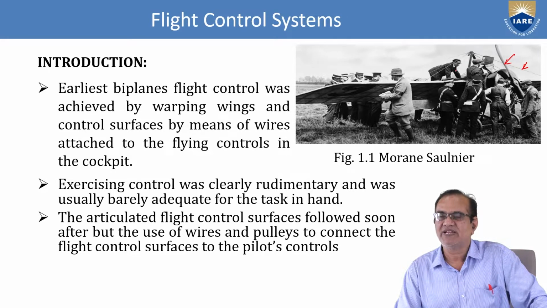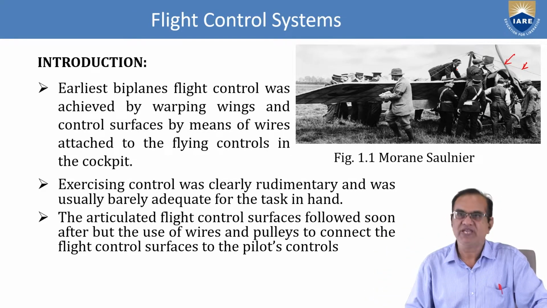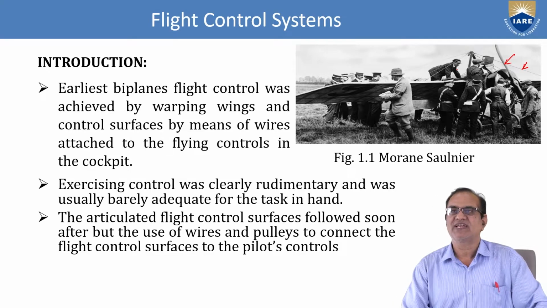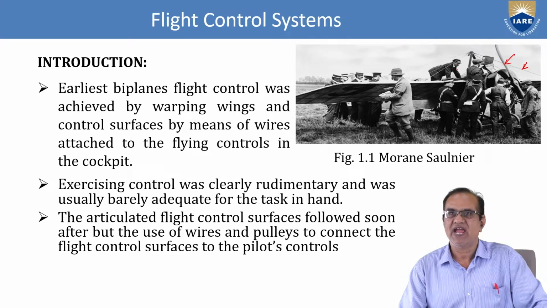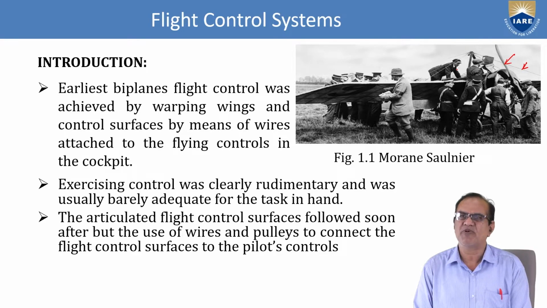For the primary flight control, that is elevator, aileron and the rudders, they were wound on some wheel, from where the pilot used to operate them. Exercising control was clearly rudimentary and was usually barely adequate for the task in hand. That time this control was very difficult, and very slow work could be done in that.